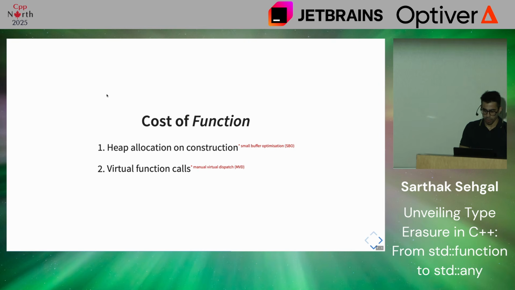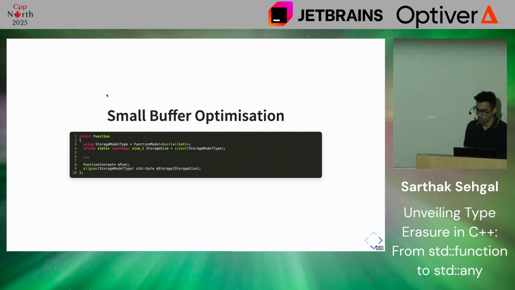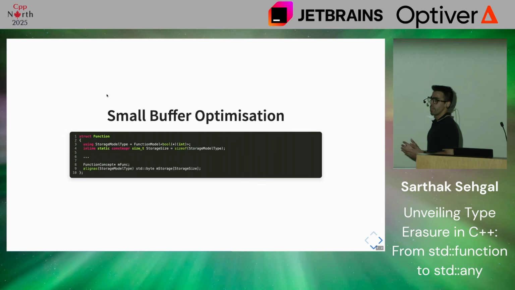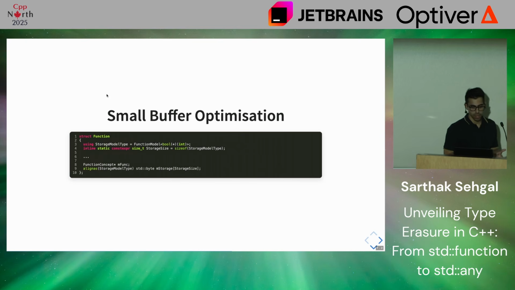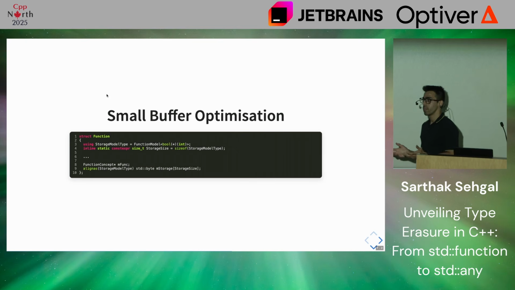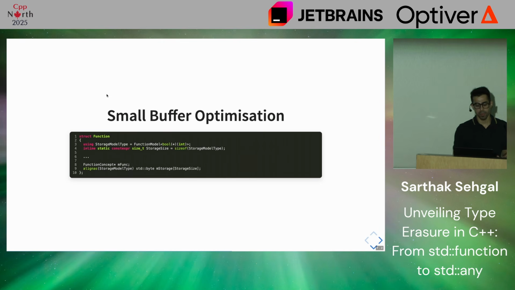Let's talk about small buffer optimization. The idea behind small buffer optimization is similar to small string optimization, which is if the type being passed to this function is small enough, instead of allocating memory on the heap, let's just have a pre-allocated memory on the stack and construct this type in place on the stack.